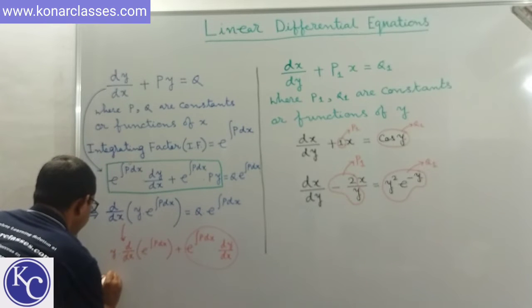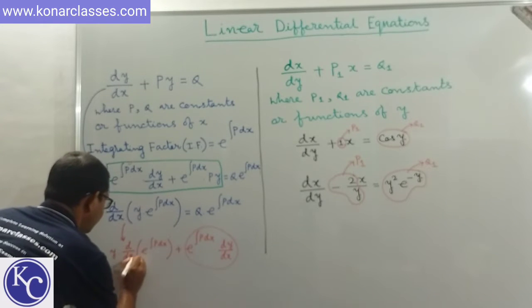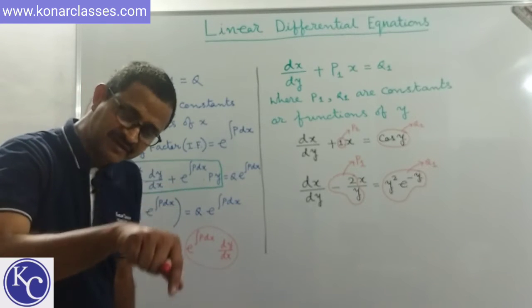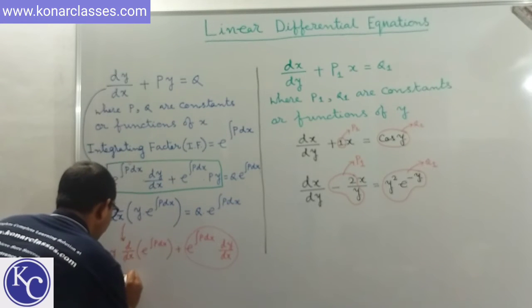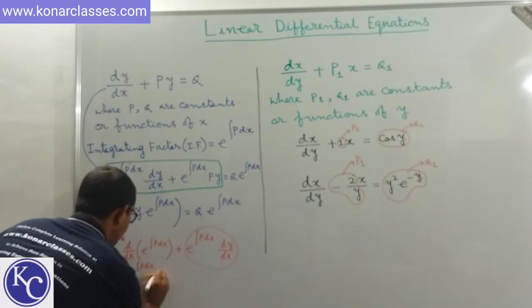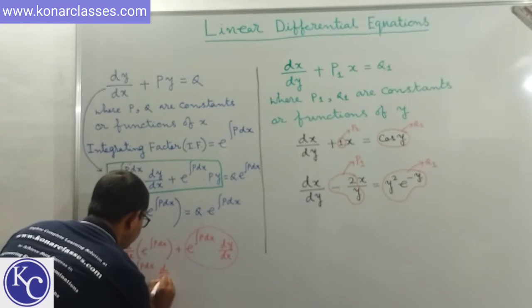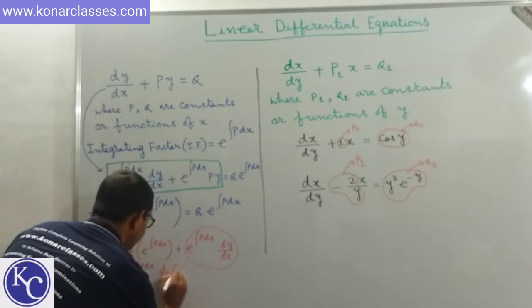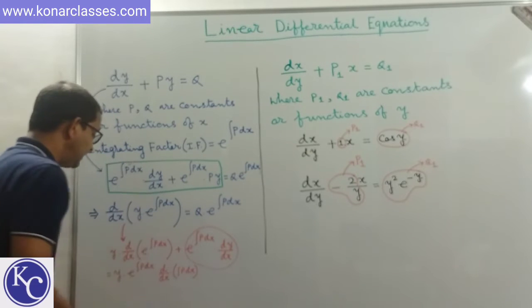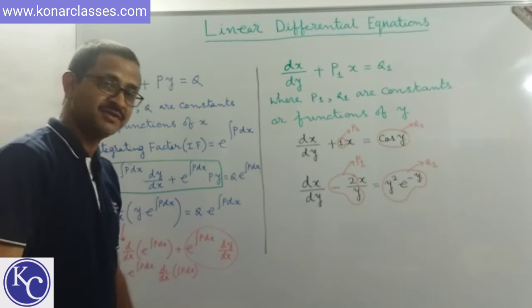y as it is, and d dx of e power integration p dx. The derivative of e power anything is the same thing, that means it is e to the power integration p dx, into, by means of chain rule, d dx of integration p dx.